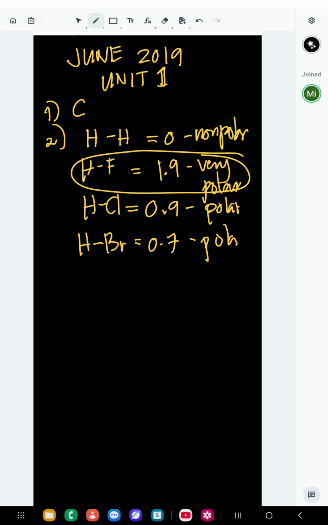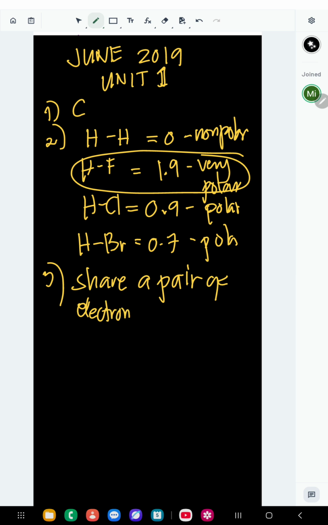A covalent bond forms when two atoms share a pair of electrons. So this bond is due to the electrostatic attraction between the positively charged nuclei of the two atoms and the negatively charged shared electrons between them.